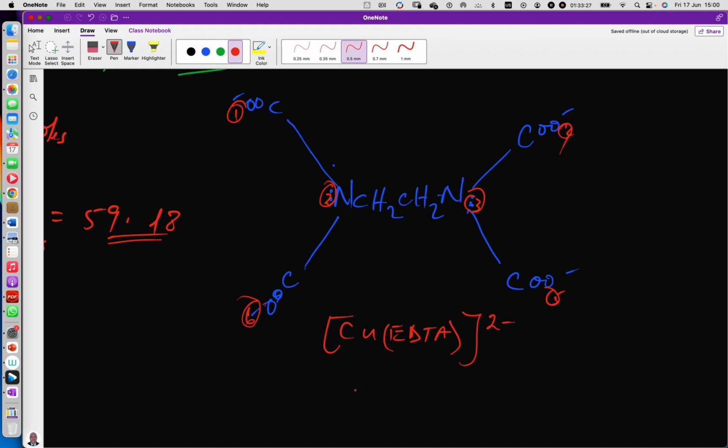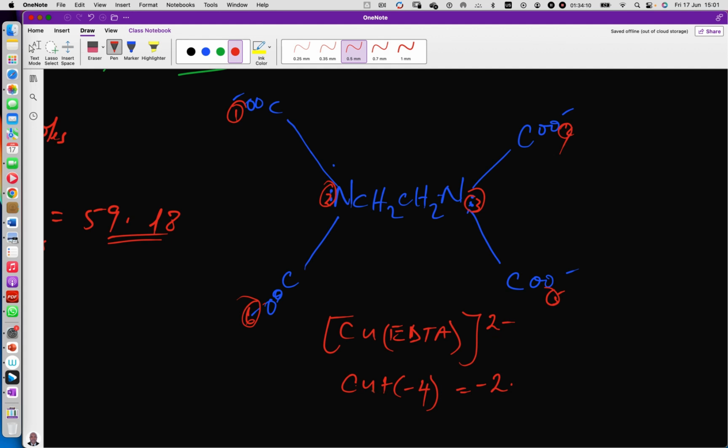So we say copper will be X, plus EDTA. EDTA has how many negative signs? EDTA has four carboxylic acid groups, 1, 2, 3, 4, each negative. So it is -4. Altogether this equals the total charge, -2.